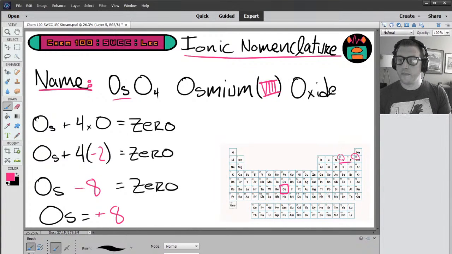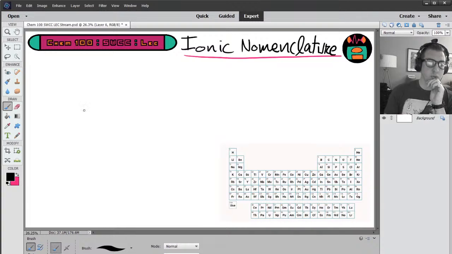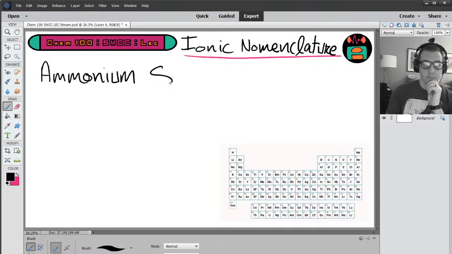All right, let's do one more example. Let's write the formula for ammonium sulfate.